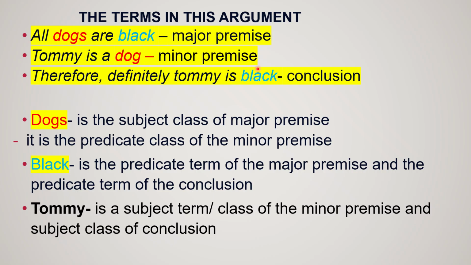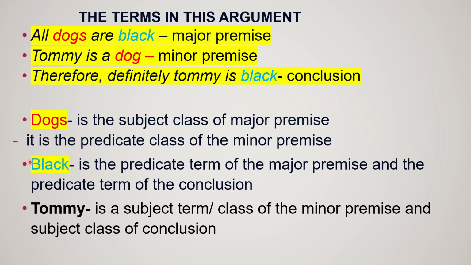Like now, the word black is the predicate of the conclusion. The one that is having it is the first premise, and the first premise automatically becomes the major premise. And the second one automatically becomes the minor premise.